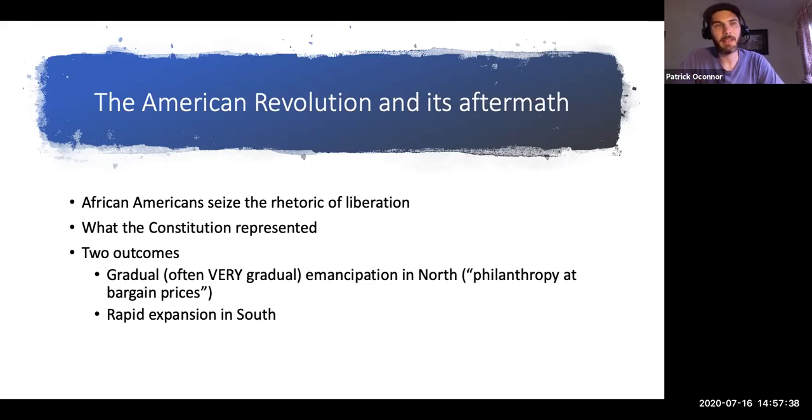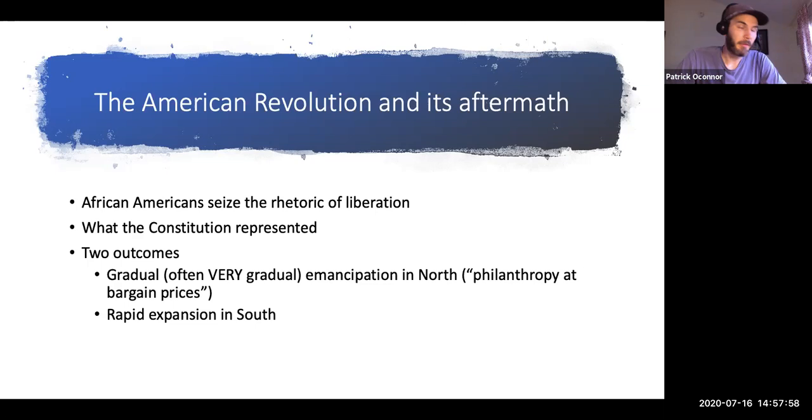Again, we associate these with the South, most famously, right? The post-Civil War South, the Jim Crow South. But it was, in fact, the post-emancipation period in the North where so many of these things really took root and were codified into law.